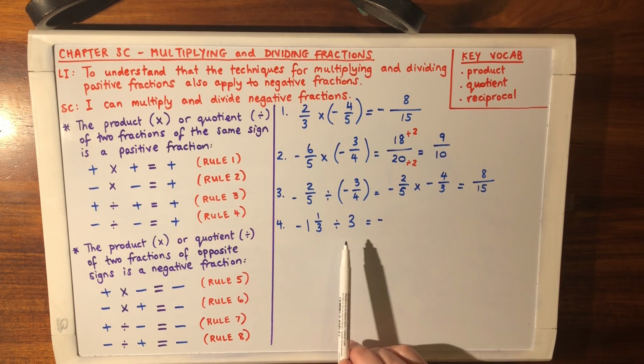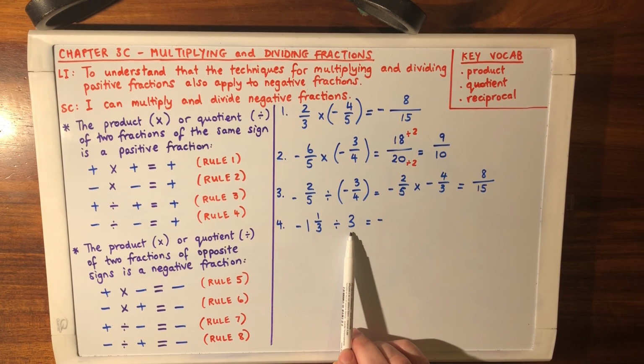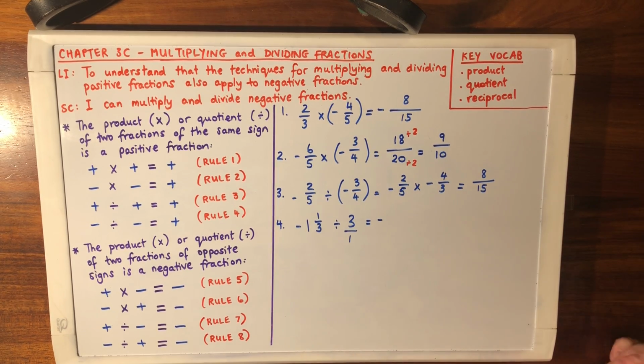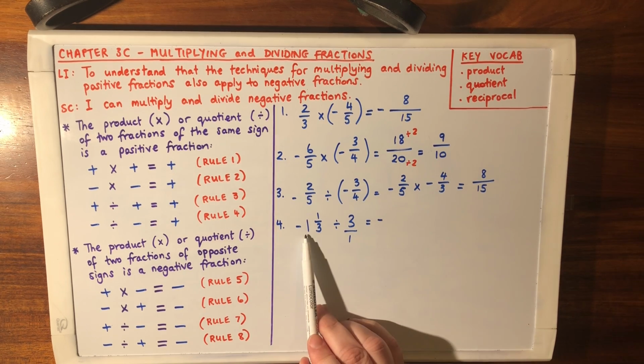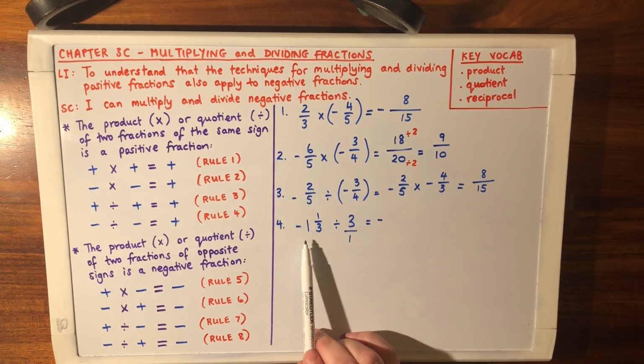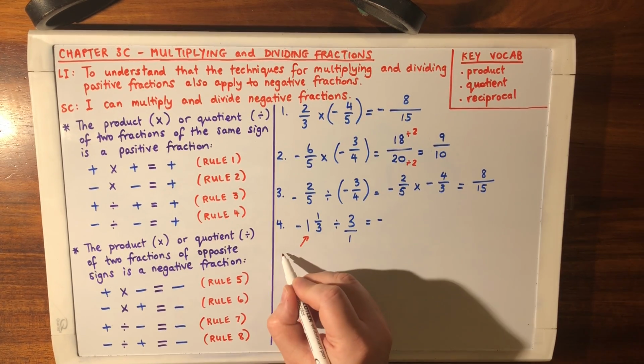Okay. The second thing that would start to confuse you is how would I get this into a fraction? So this whole number, or integer number 3, if I just divide that by 1, that's going to still equal 3, but now it looks like a fraction. So it's going to be negative 1 and 1/3 divided by 3/1, okay? But remember, we have to get this mixed fraction into an improper fraction first.